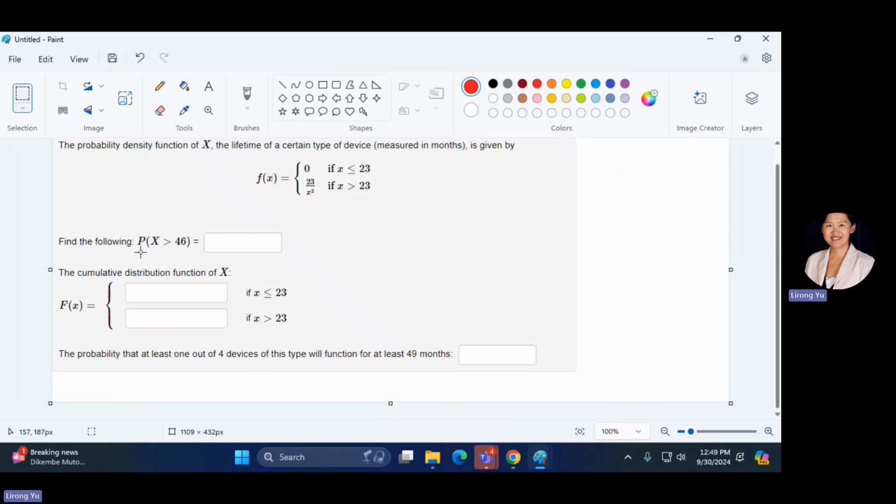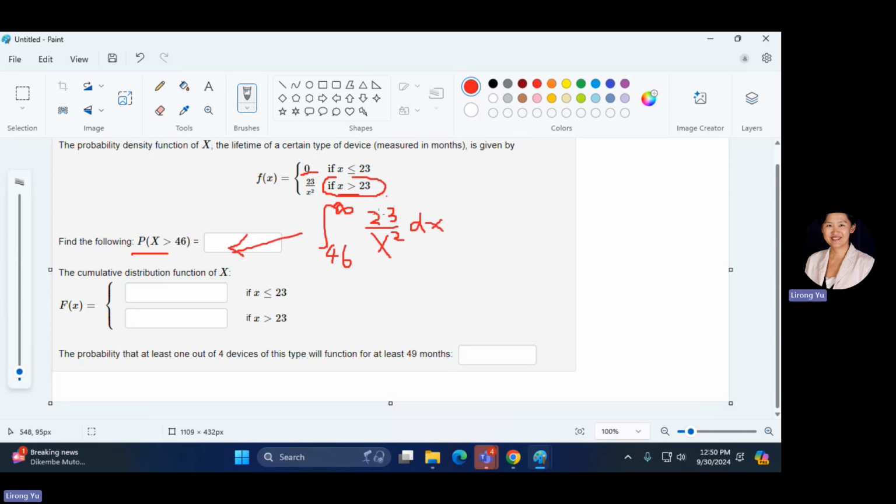It says x is bigger than 23, so there's no upper bound; the upper bound will be infinity. I'm going to integrate the density 23 over x squared dx. That's really how you calculate the first question. The rest is all integration.